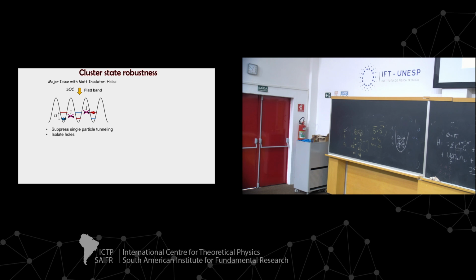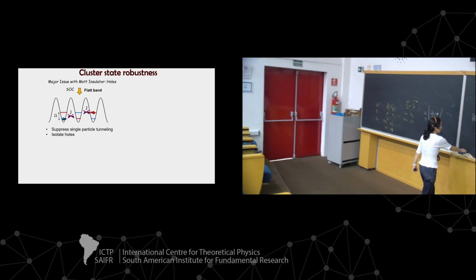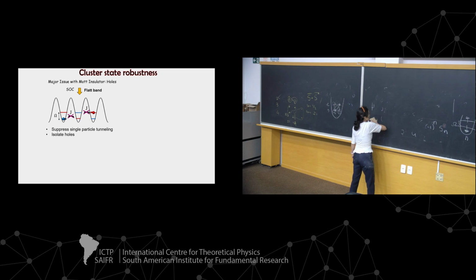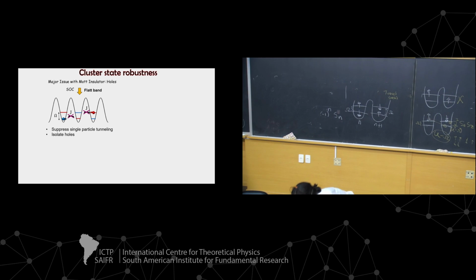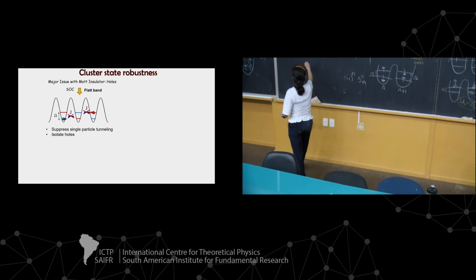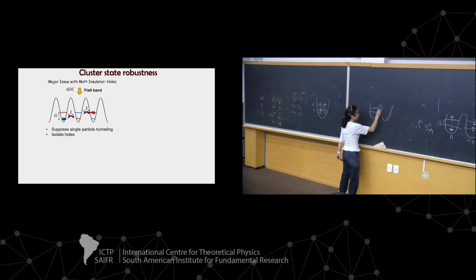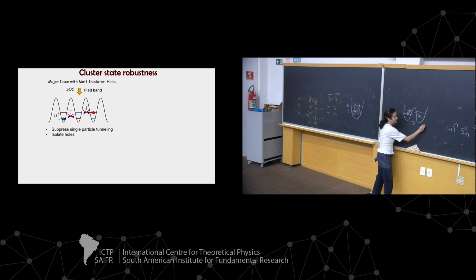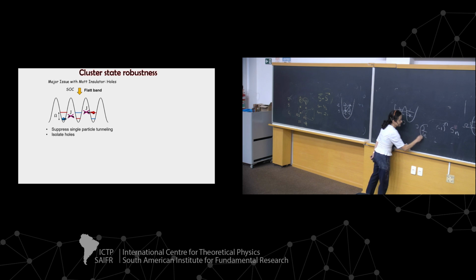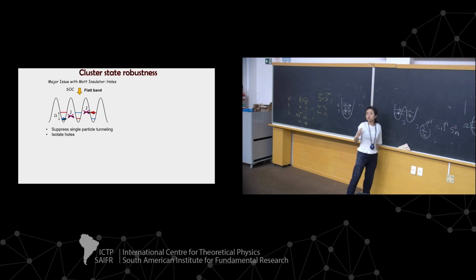The problem typically in experiments is that if you have a system with a hole, this is spin up, this is spin up, this is down, and a particle is going to move, which causes tunneling energy. The tunneling energy is J, and super exchange is J over U, and this is smaller than 1. So tunneling is going to disrupt the dynamics because it's super fast.